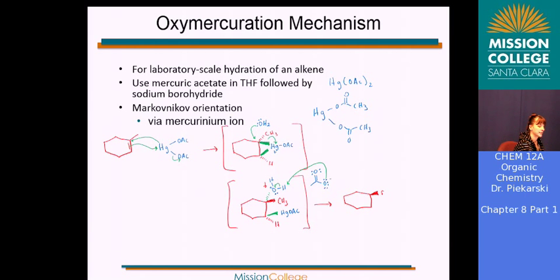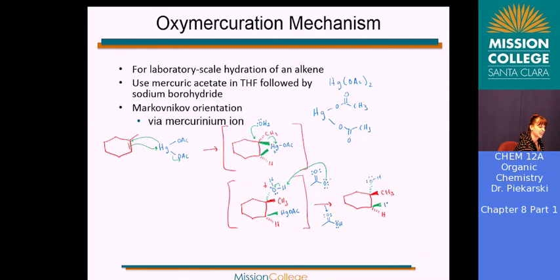Kind of draw everything there that hasn't changed. And we have the blue. So now we have OH here, those 2 lone pairs. One of the byproducts we made is acetic acid, or an acidic solution, right?